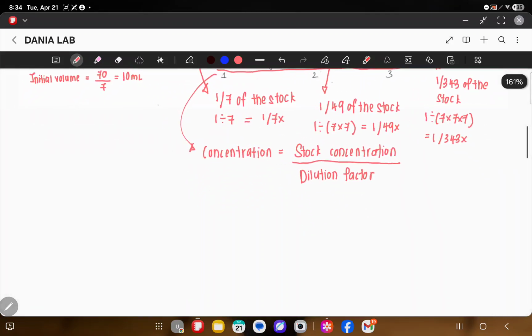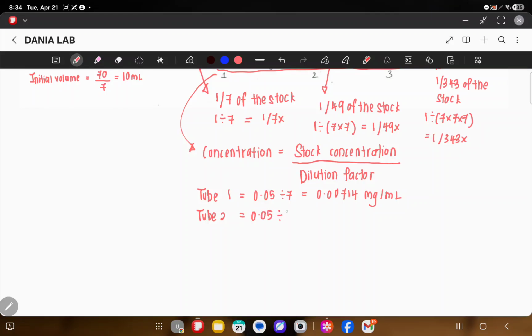So tube 1 is 0.05 divided by 7. So our final concentration is 0.00714 mg per ml.